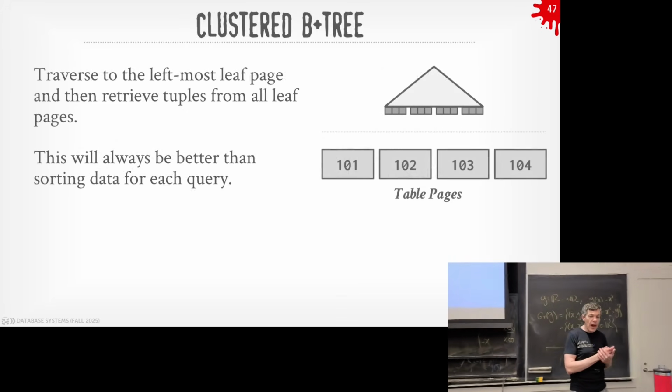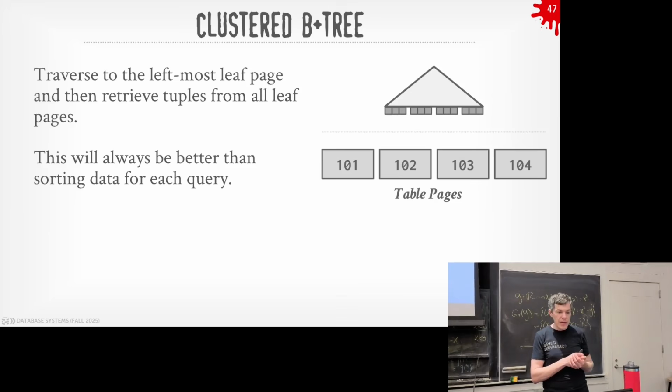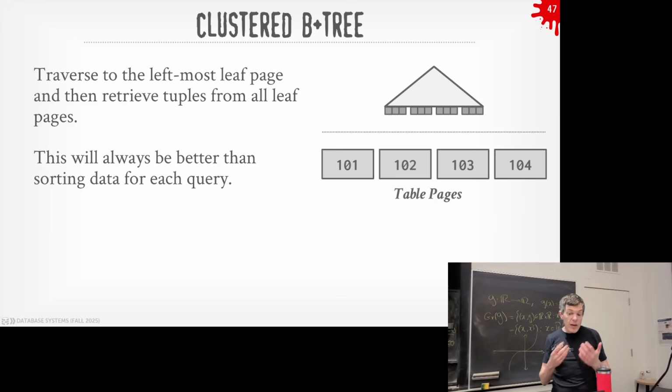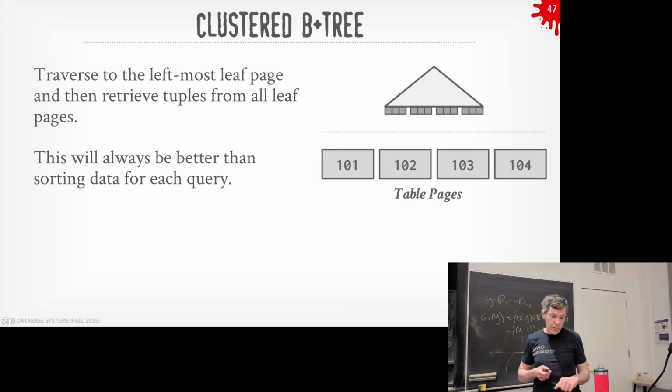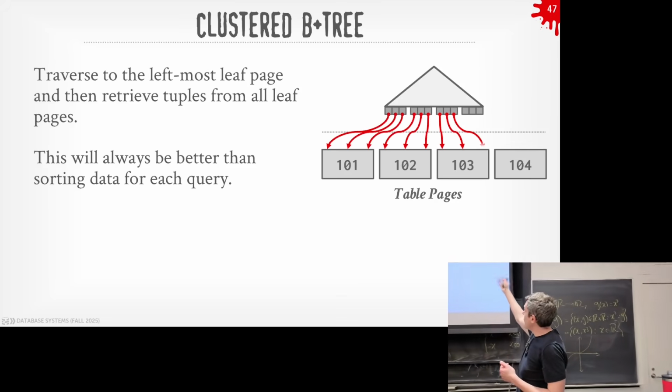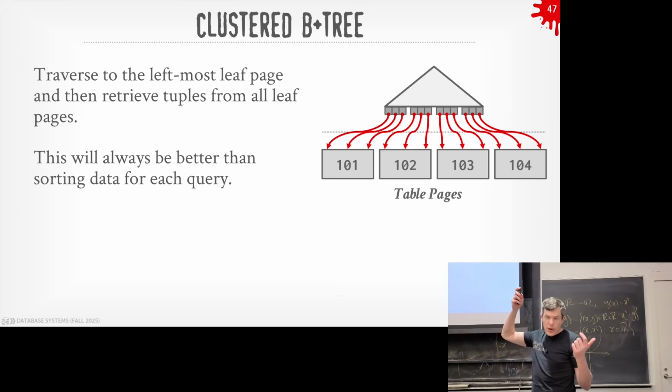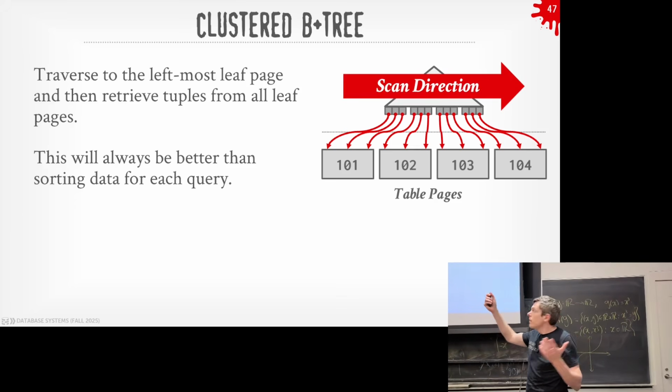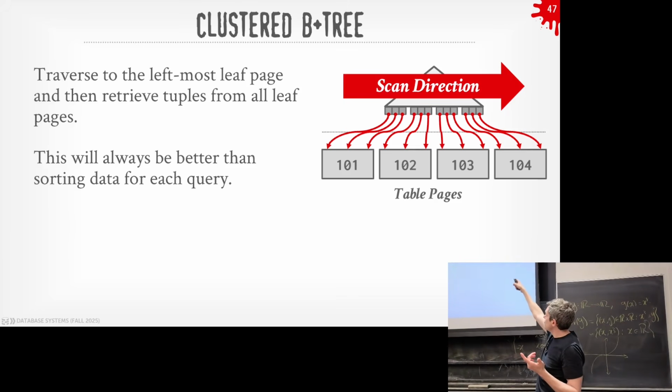So the reason why this matters is that it can make our lookups more efficient in many cases, if we have to get things from disk. If my table pages are sorted in the same order that's defined by the index, then when I want to do a scan and find data, I can just use my index to find some location in a table page, and then scan along the rest of the pages, and I'll find everything that I want.